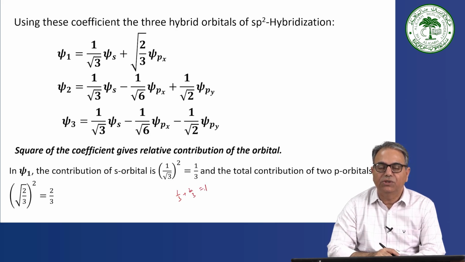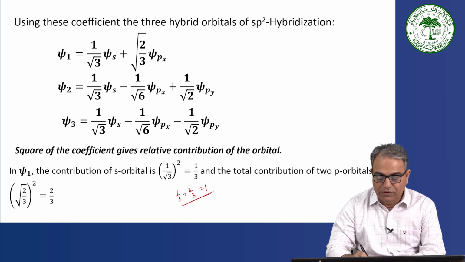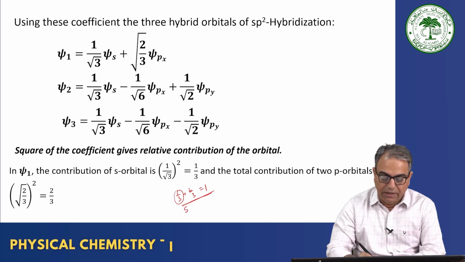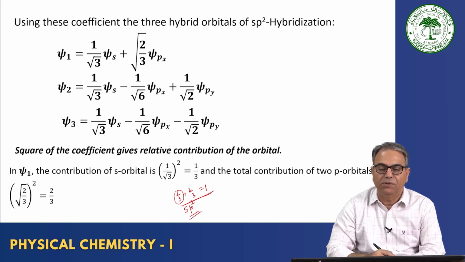So the total contribution is 1, total hybrid lobes. Now you see, only 1/3 contribution comes from s and 2/3 comes from p, so it is sp2, psi 1 is an sp2 lobe.